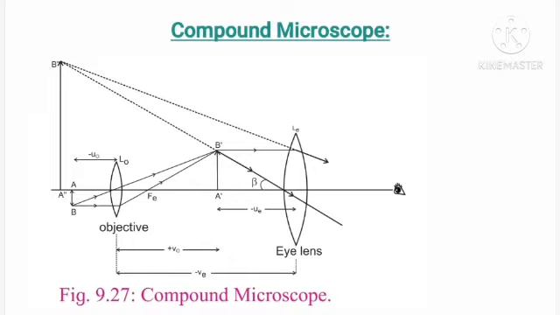In a compound microscope we can see very small objects of sizes about 10 raised to minus 1 millimeter to 10 raised to minus 3 millimeter.